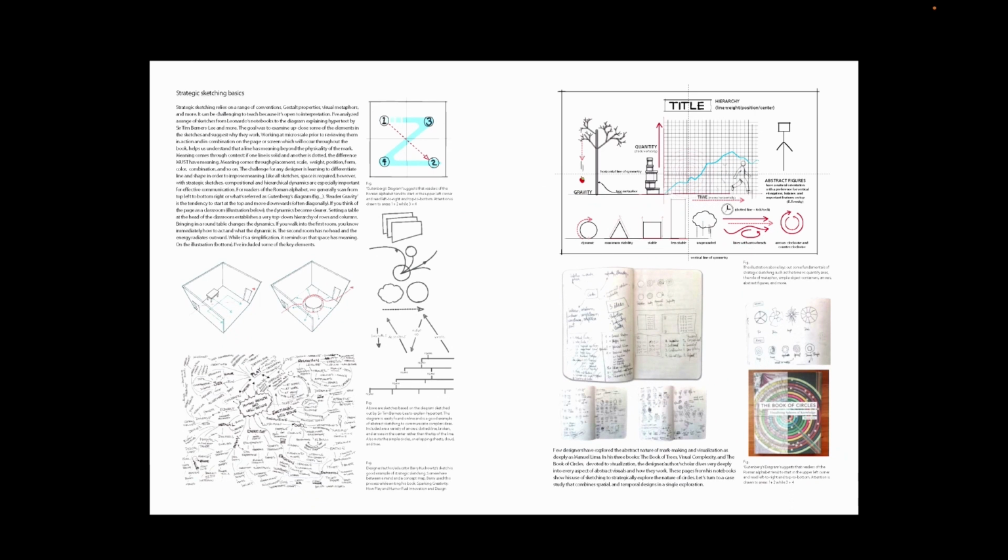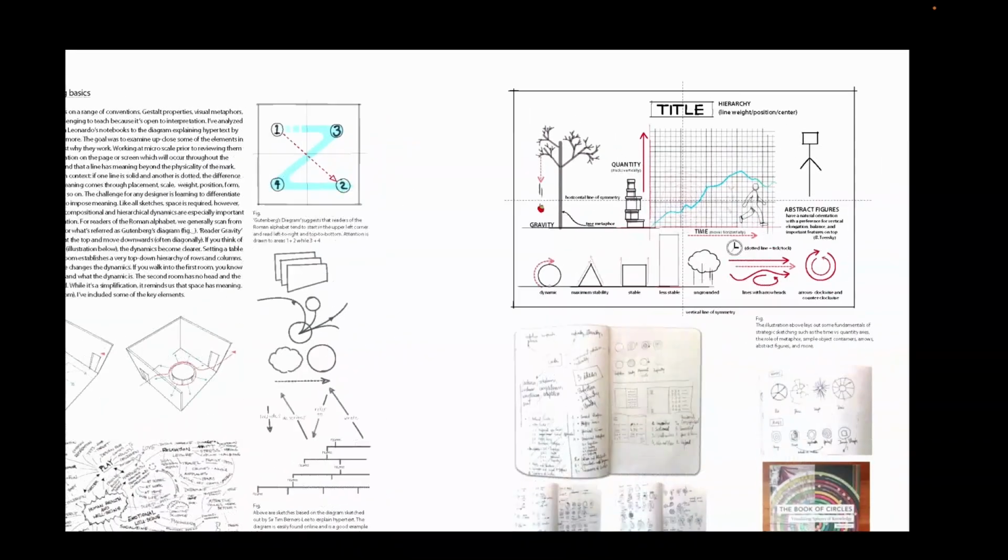I looked at a lot of work by other people. This is the sort of stuff that people will send to me, and then I spend hours just studying the sketches that went into the Book of Circles, which is a fantastic book.